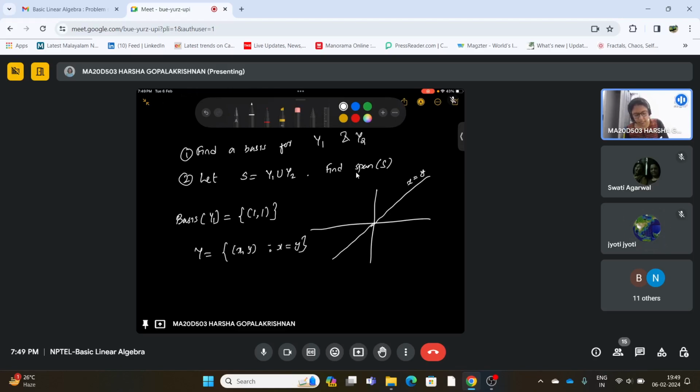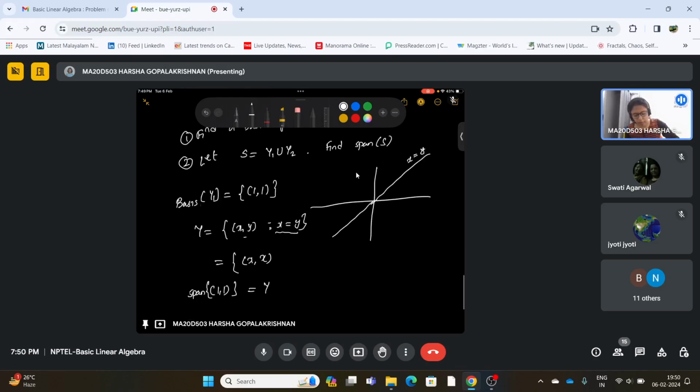If we are taking this condition, what we will get? Set of all (x, y) is same as (x, x). That means only one element, (1, 1), is enough to span y1, correct?